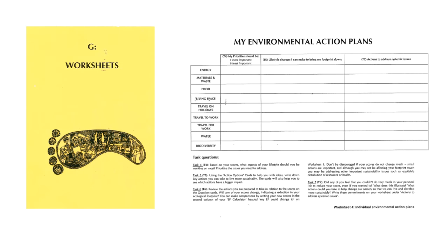Then finally, there are a series of worksheets, and this is the most important one in the African Ecological Footprint game, where the learners then have to make some kinds of decisions about action, realistic action plans that they would like to make in order to change their footprint. You'll see the two columns on the right. One is about lifestyle changes I can make to bring my footprint down, and actions to address systemic issues.